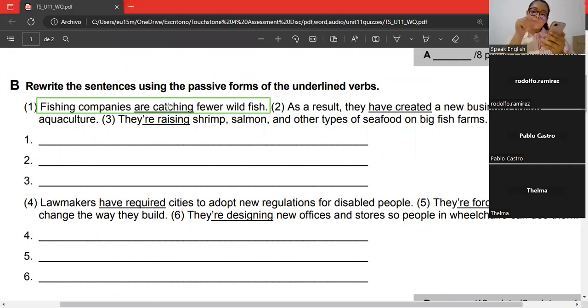So the verb to be in your sentence, which verb to be has it? The continuous form or the past participle form? The continuous form. Being.